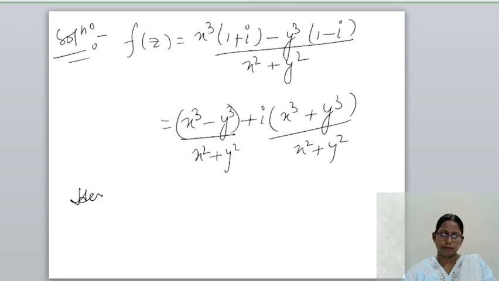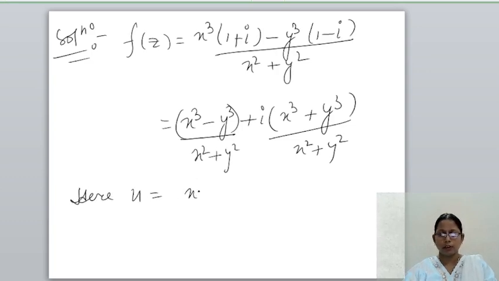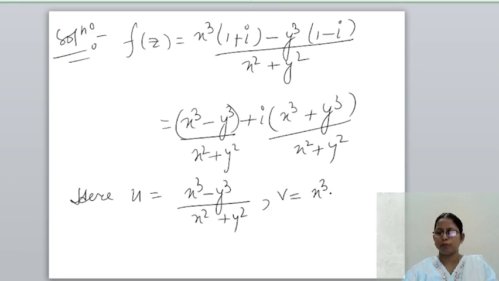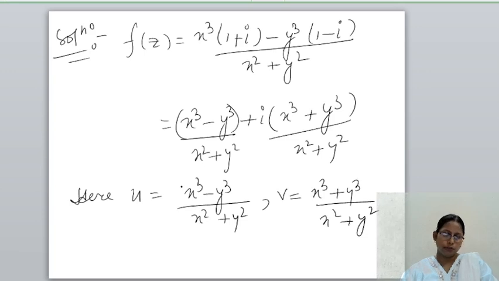Here u is (x³ − y³)/(x²+y²), and v is (x³ + y³)/(x²+y²). Since u and v are rational functions of x and y with non-zero denominator, u and v are continuous. Every rational function is continuous at all points except where the denominator vanishes, that is at x = 0 and y = 0, the origin.